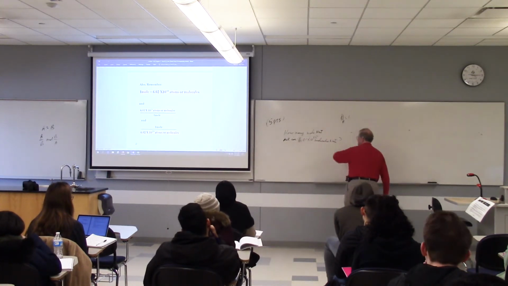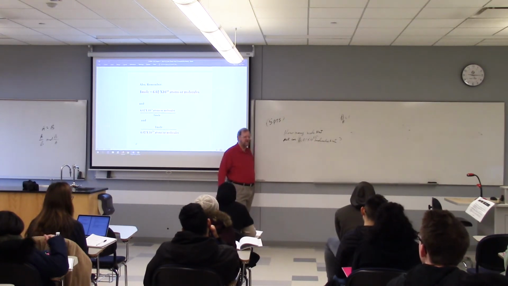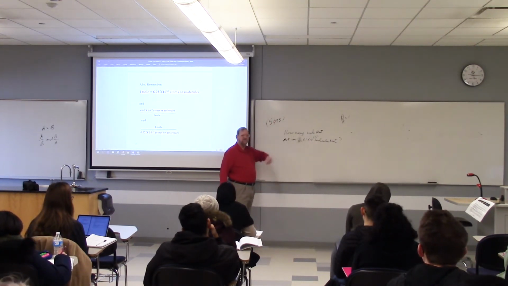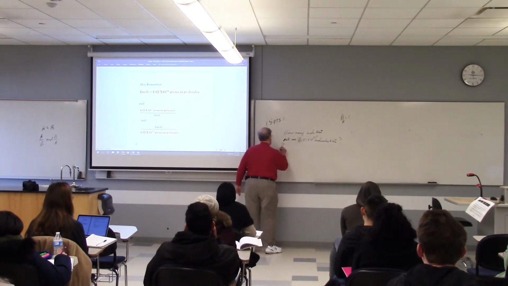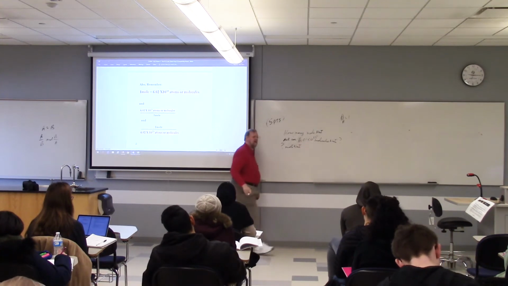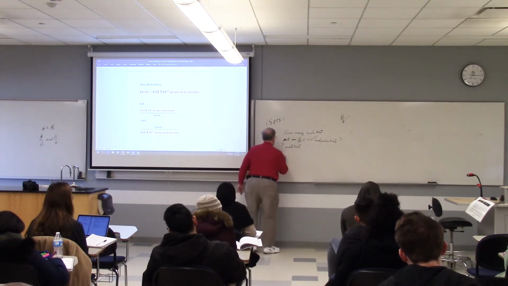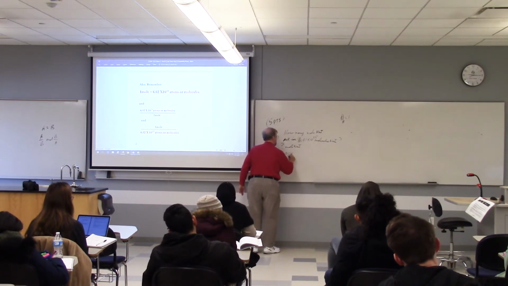All right, let's do this. How do you begin? Well, you look at this and say, what am I being asked to find? Moles, sodium iodine. What am I given? One number. How many molecules?